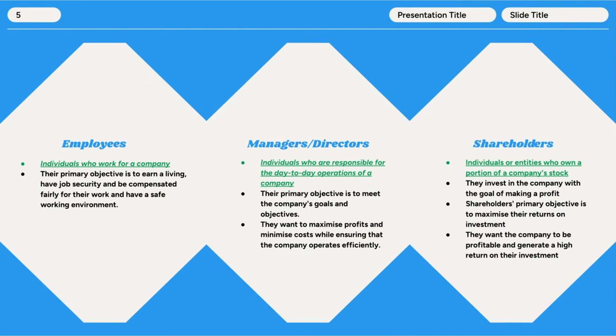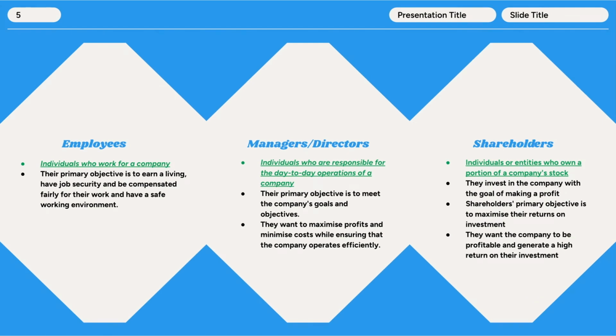So shareholders are the individuals or entities who own a portion of a company's shares or stock. So shareholders actually invest in the company, and they have the goal of making a profit. And as they invest in the company, they want to actually maximize the returns of the investment itself, and that is basically their primary objective.